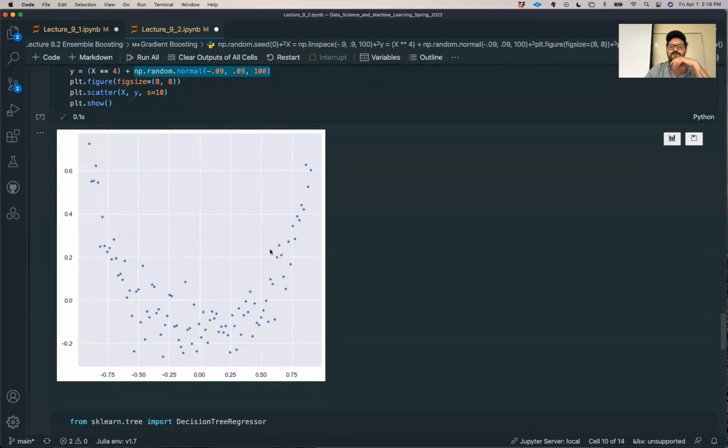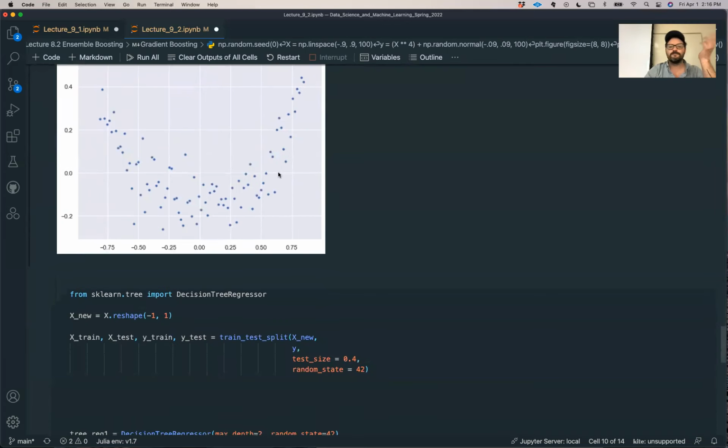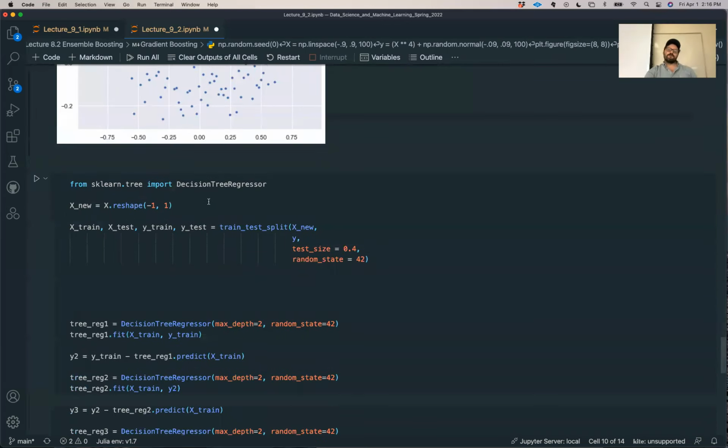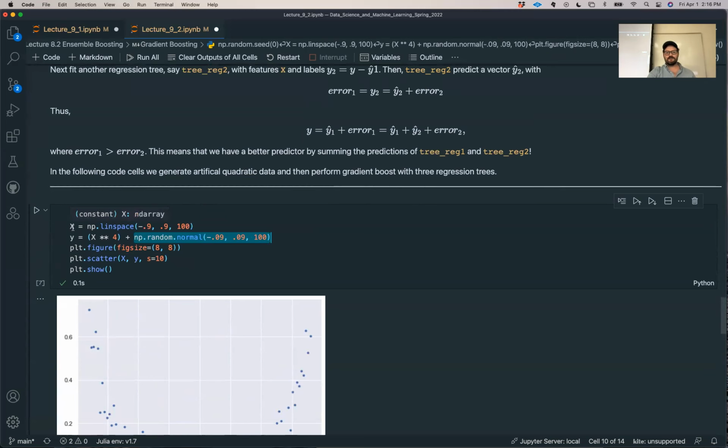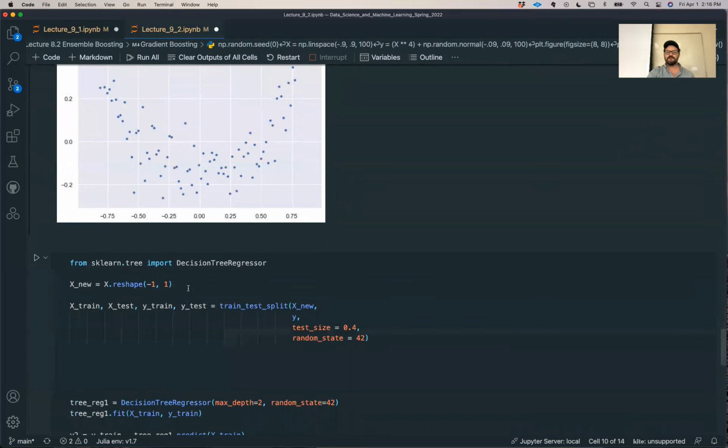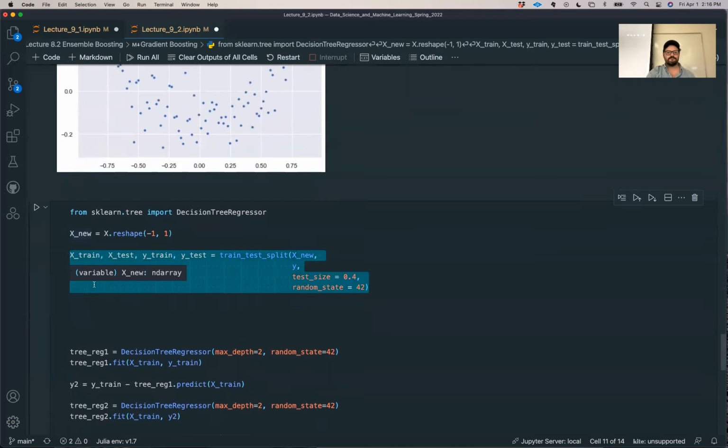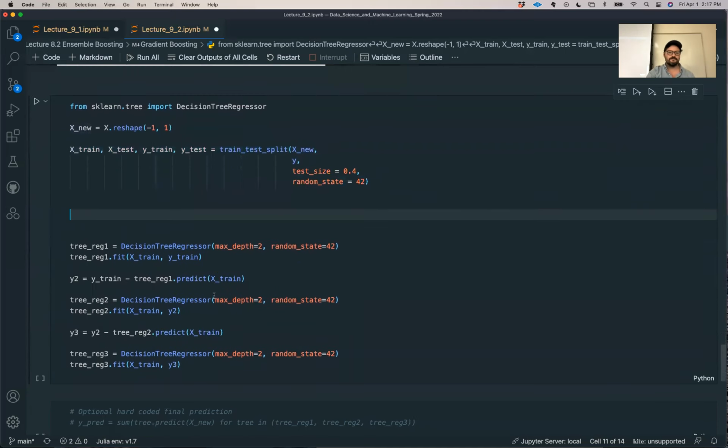If there was no noise, it would just be a quartic curve, but I want to add noise to make it difficult. So x here is a one feature type of vector, which means we have to reshape it for scikit-learn to take in, making it into a column vector form. I call it x new. I don't know why I chose to do that, but that's what I did.